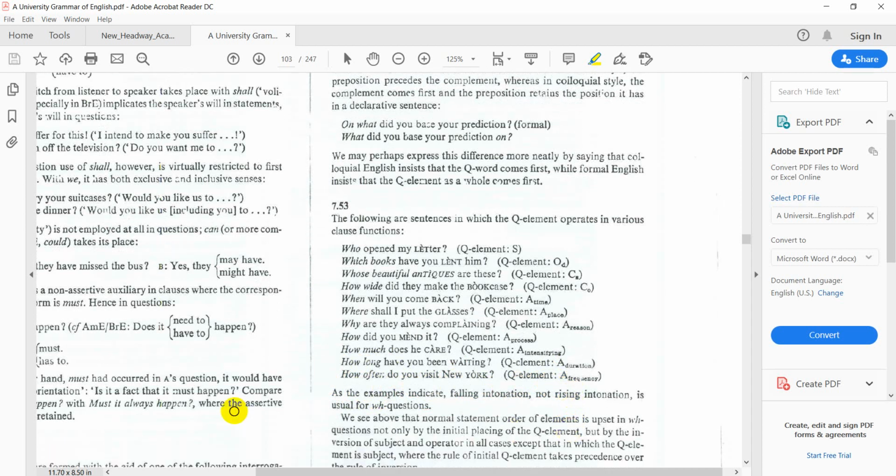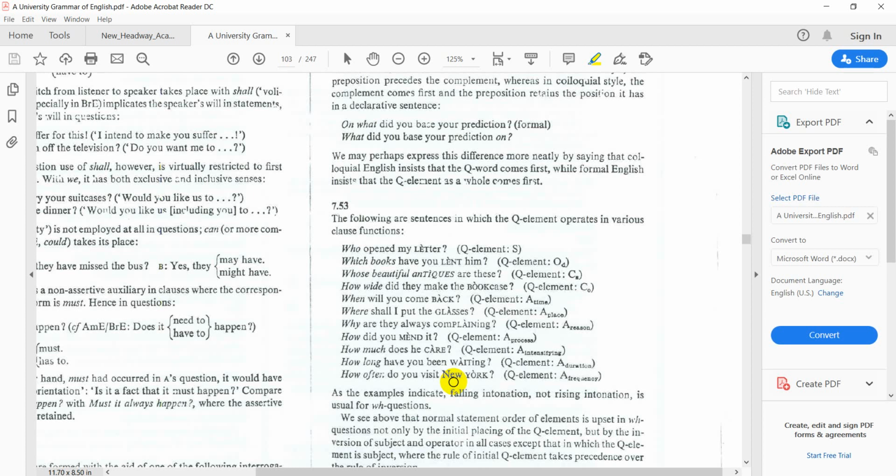As the examples indicate, falling intonation. As you see, at the end of each question there is a falling intonation. So it is different from yes/no questions. In yes/no questions, we usually raise our tone at the end. If you remember, we have explained this.